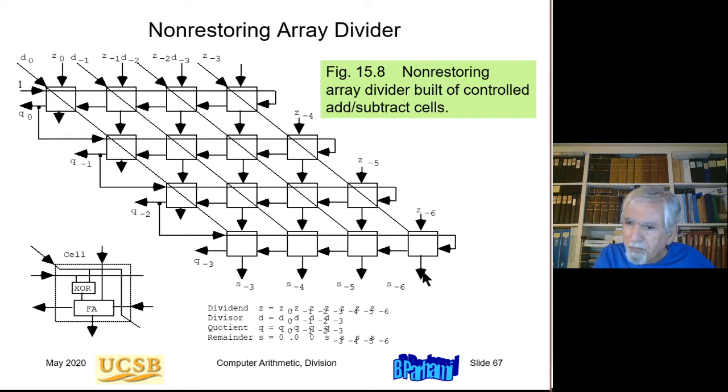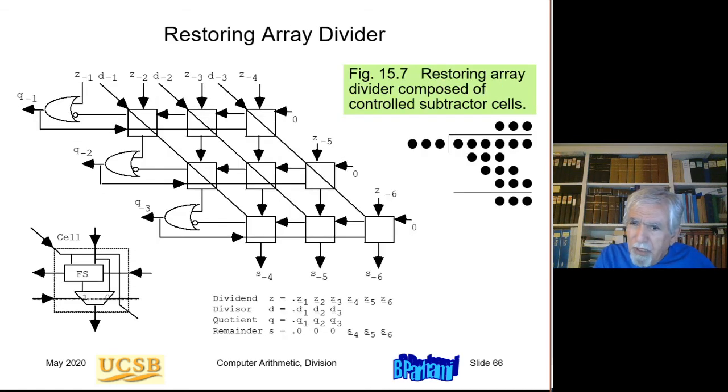as well. Okay, so these are basically circuits that look very superficially like array multipliers. In terms of structure, a square array of cells and local connections between those cells is similar to an array multiplier.